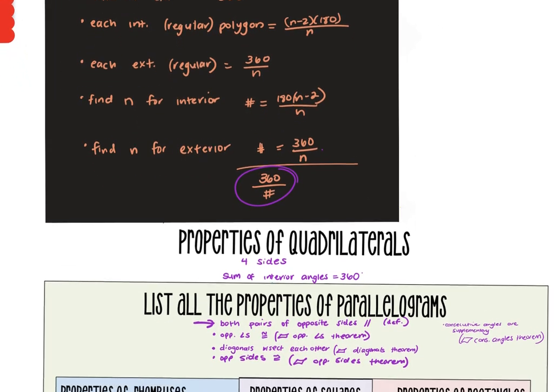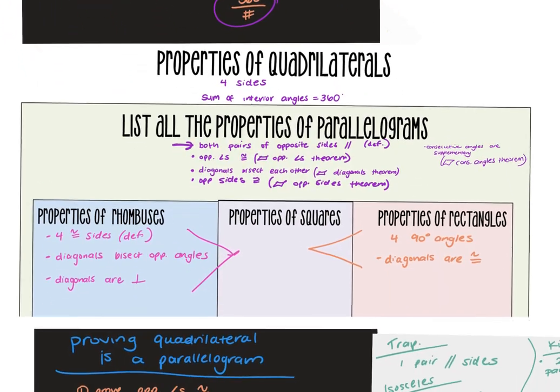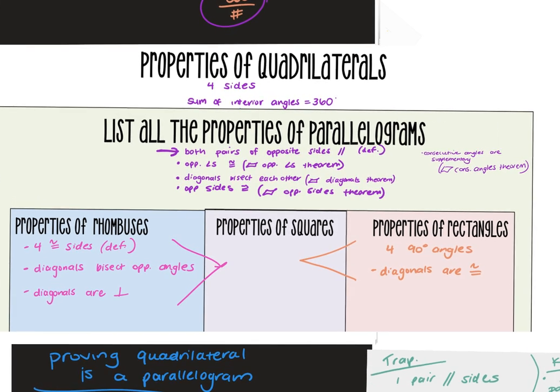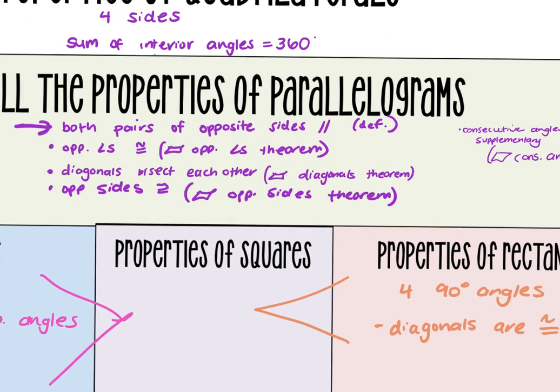Then came the Venn diagram of quadrilaterals, parallelograms, rhombuses, squares, and rectangles. So all quadrilaterals have 4 sides, and the sum of the interior angles is 360. Once we got to parallelograms, we said both pairs of opposite sides are parallel. That's the definition. Both pairs of opposite angles are congruent. That was the parallelogram opposite angles theorem. Diagonals bisect each other.